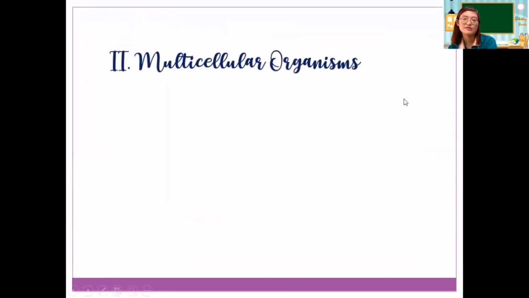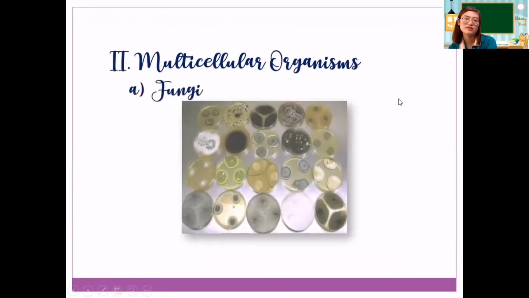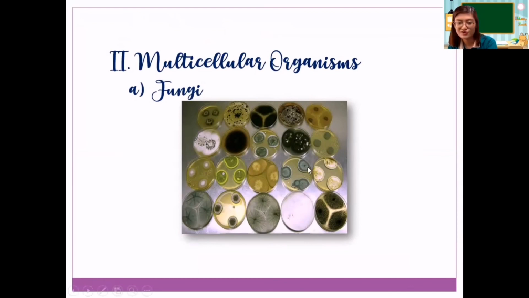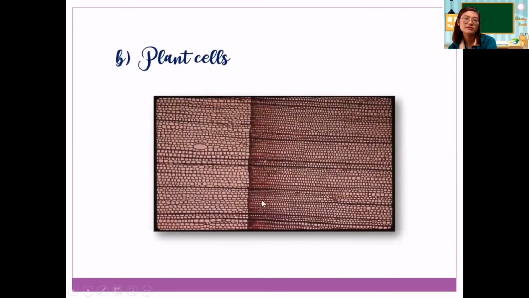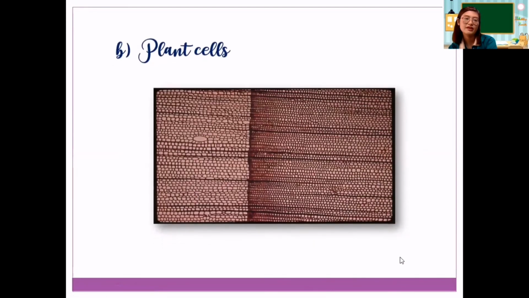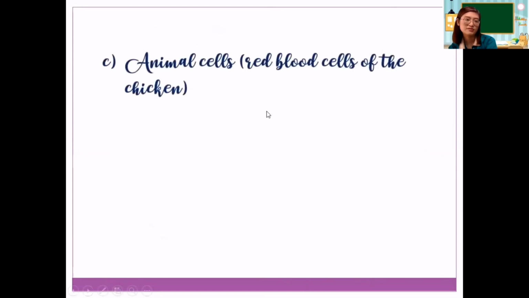And then for multicellular organisms, of course, the fungi, the common one being mushroom. We can also have molds. This one is actually created in the lab, placed in petri dishes, fungi. We also have plant cells, of course. Then animal cells.